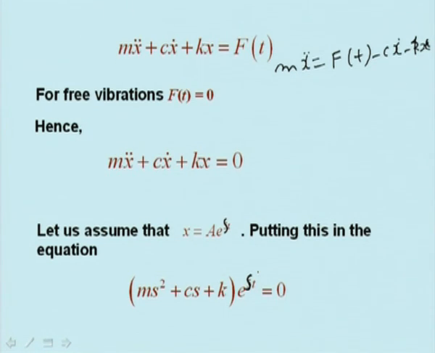Let us assume that one solution is x equal to a e to the power st. So see what happens. We have to put this value in this expression, then we see that (m s square plus c s plus k) e to the power st is equal to 0.